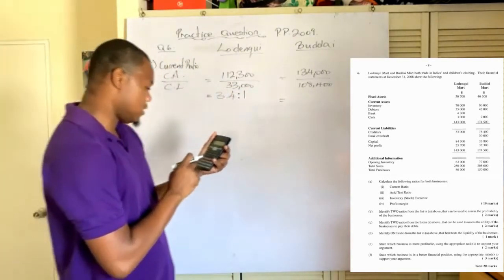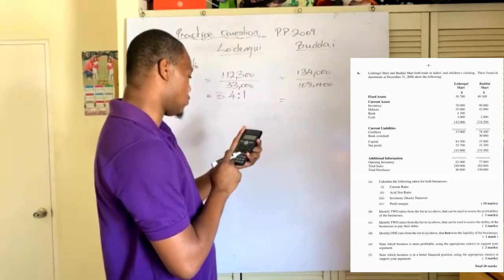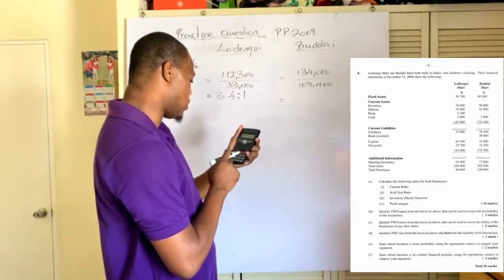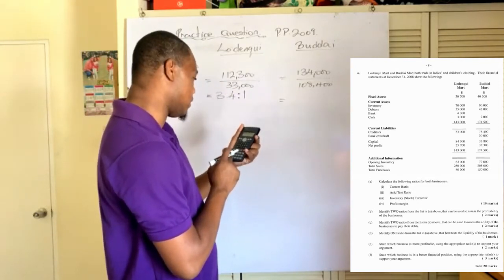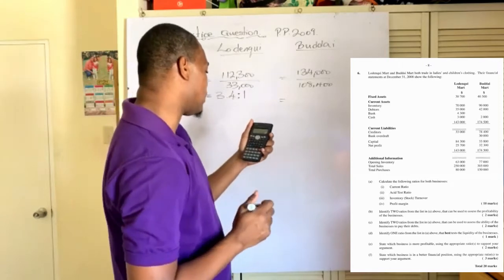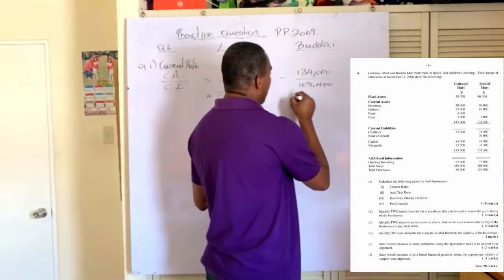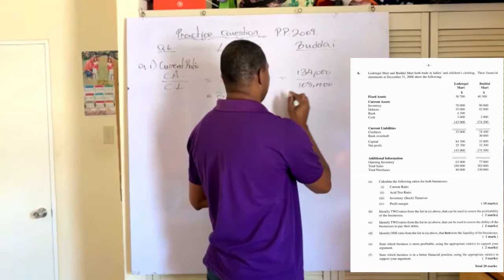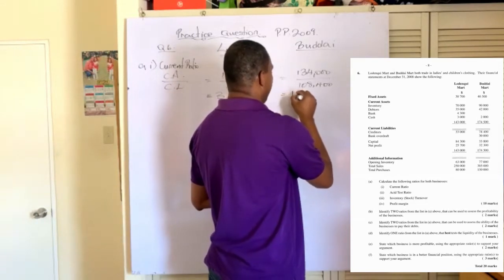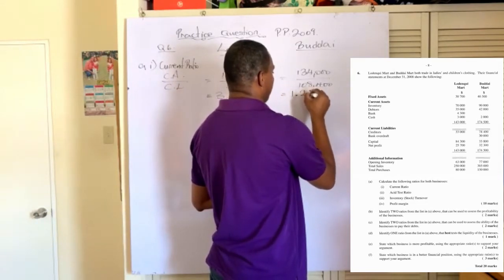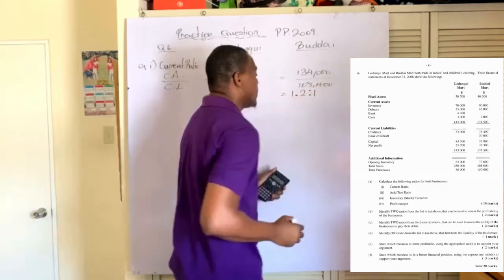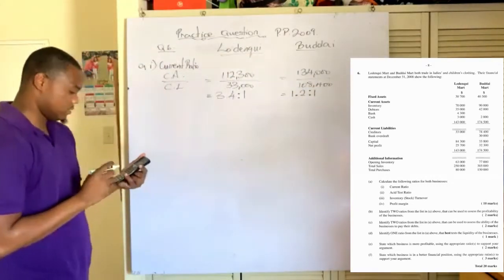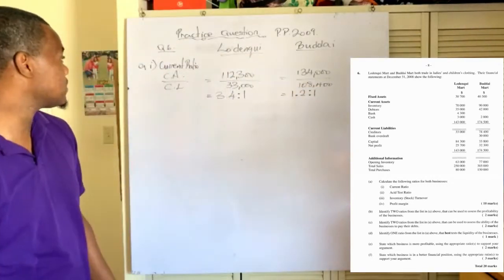And for Budai, it's 134,000 divided by 108,400, which equals 1.2 to 1. That is how you write it. So that's their current ratio.